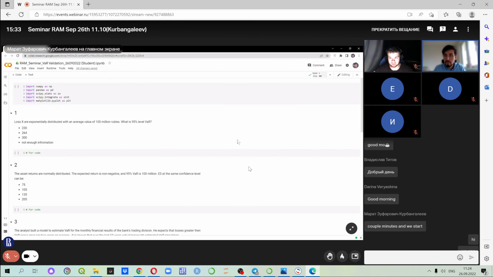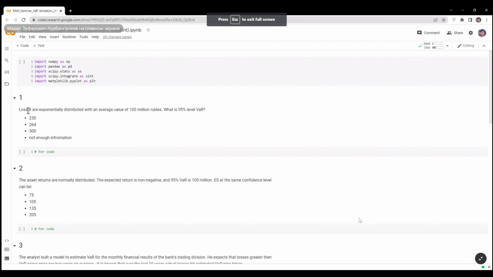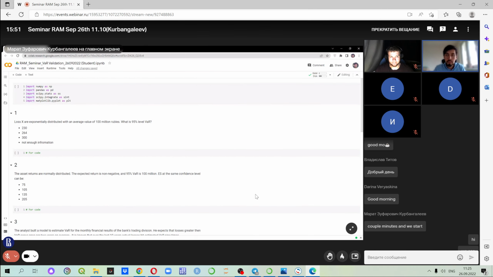Let's start with the first problem. It states that loss X has an exponential distribution with an average of 100 million rubles, and we are interested in calculating the 95% value at risk.